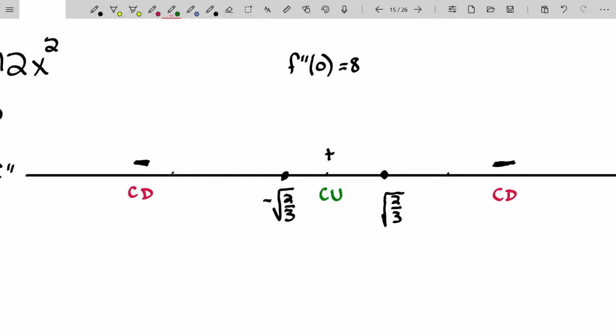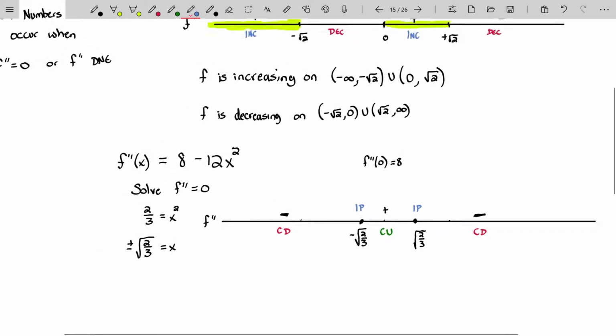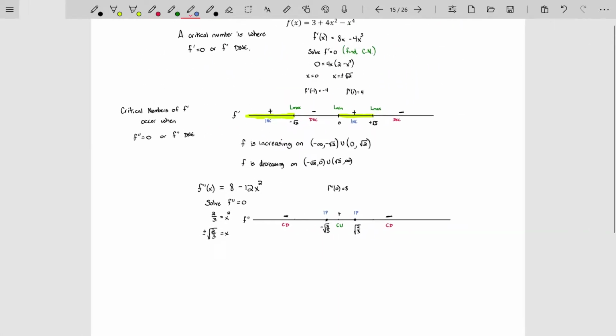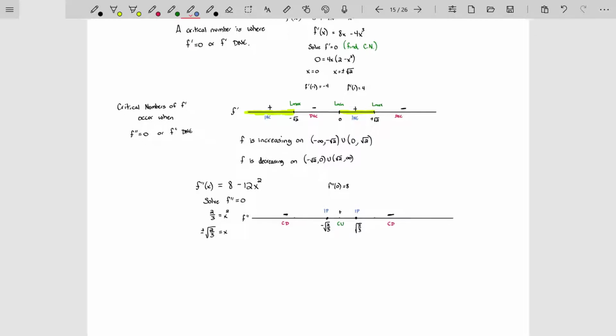Our function is continuous, so we're okay. So I'm going to make a little note here. This is an inflection point right here, and here's another inflection point. Now, it's not enough actually to just say the inflection points are plus or minus root 2/3. I think that you should really evaluate the function at those points, because that's what you're going to want to do in the long run.